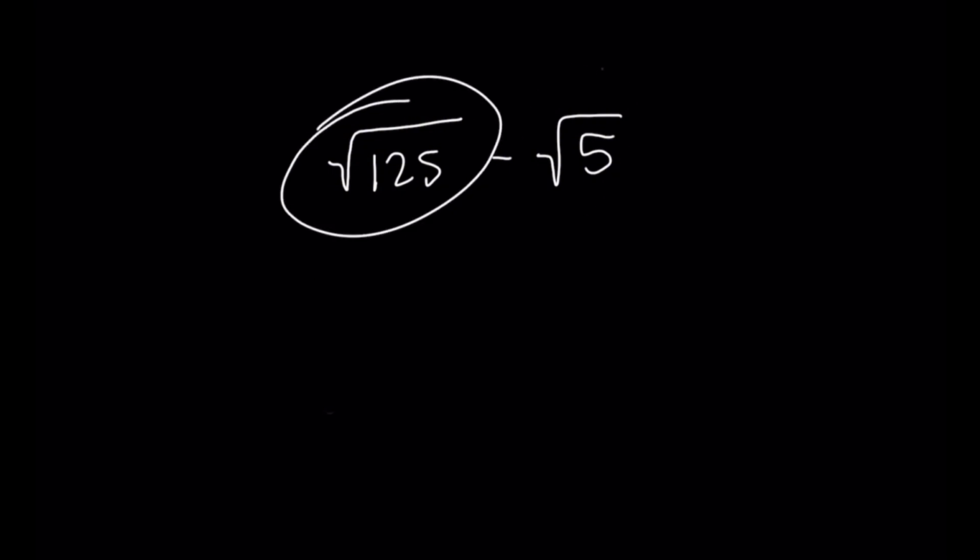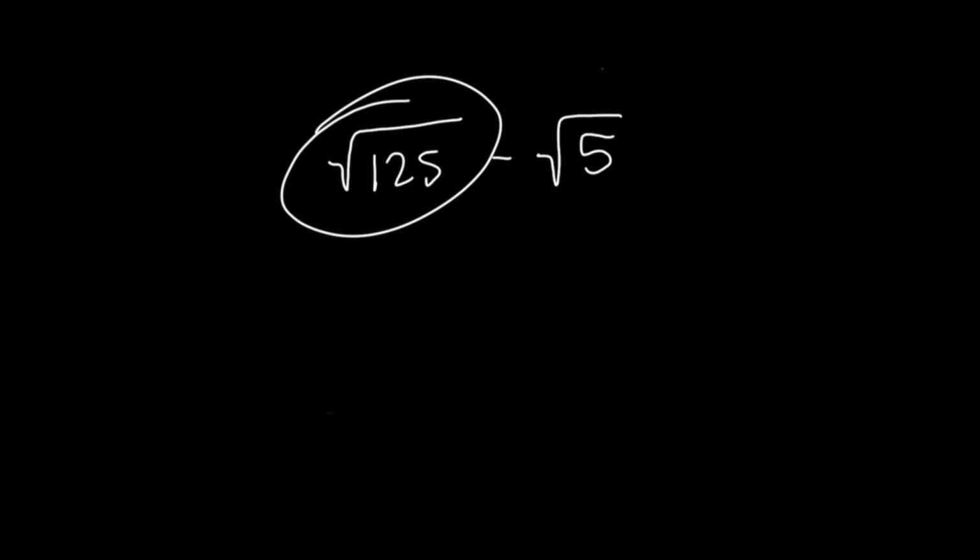Now we can do this one, the square root of 125 subtracted by the square root of 5. So right away we can tell that we can simplify this number. We can't really simplify this number, so we're going to hope that whatever we simplify for the square root of 125 will give us the radical of 5, so we can subtract that number.